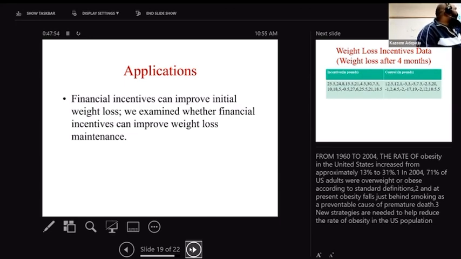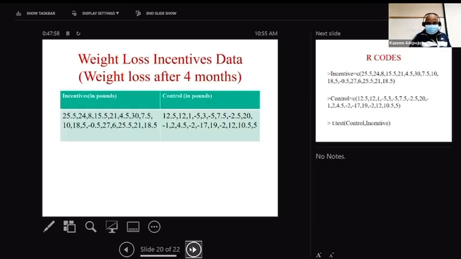So we examine whether financial incentives can improve weight loss maintenance, and this is what happened. You give some people incentives, and this is their weight after 4 months. And the other group, you did not give them any incentives.